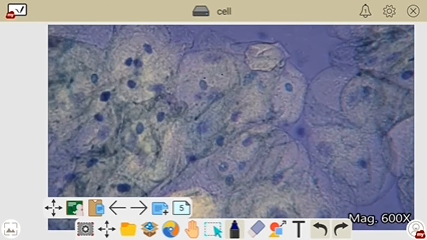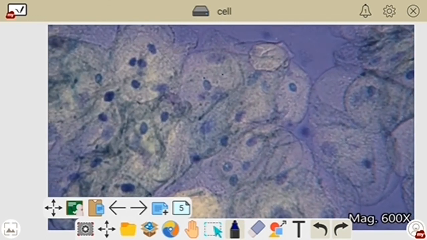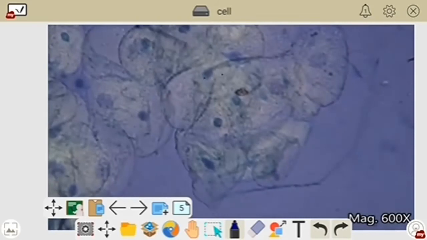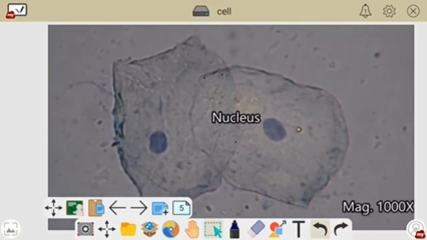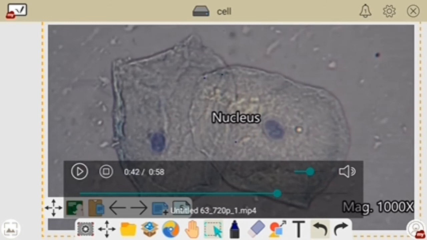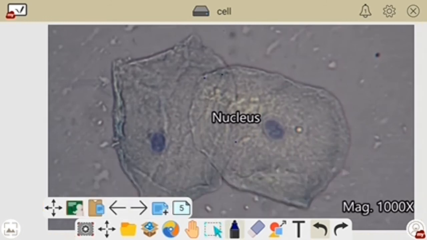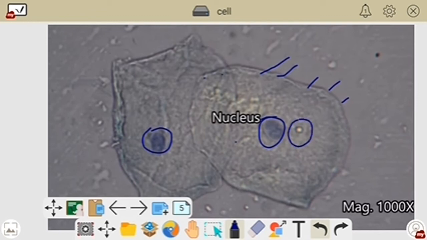You can see these are the human cheek cells, and the blue dots are the nucleus, and this is a cell membrane. Okay, and this is a vacuole, right? So now you will understand how an animal cell and a plant cell look like.